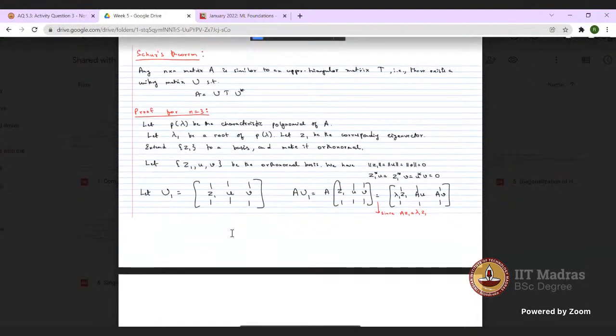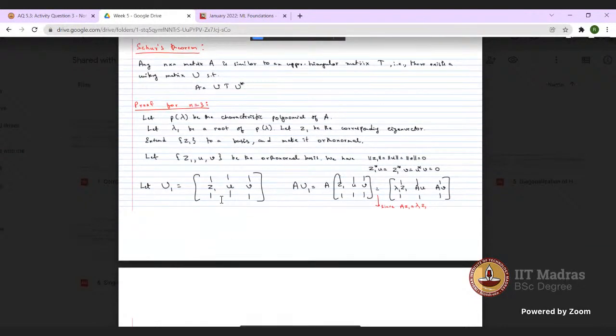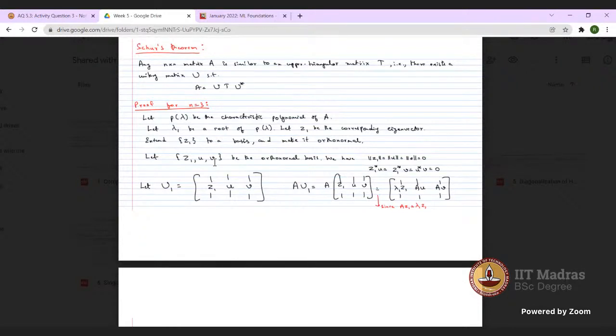The proof is shown here, where the orthogonal vectors are converted to orthonormal by dividing each vector by its magnitude.